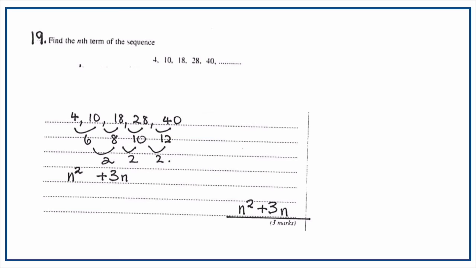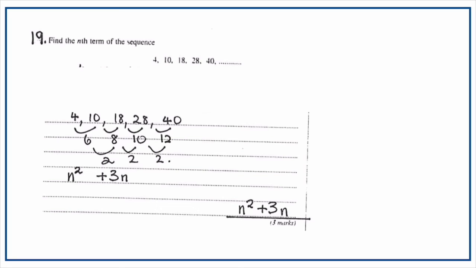We have to continue because we need a common difference. So 8 minus 6 is 2, 10 minus 8 is 2, 12 minus 10 is 2. Now, we needed 2 steps to get the common difference. So it's a quadratic sequence in n squared.